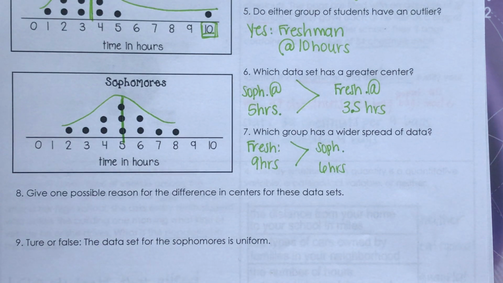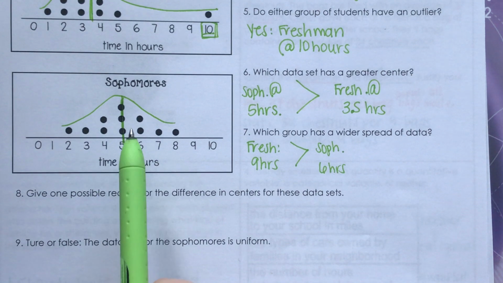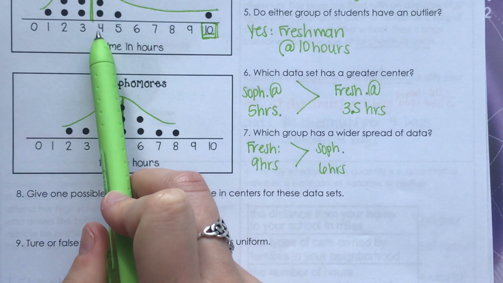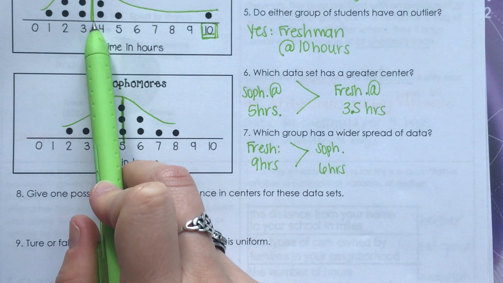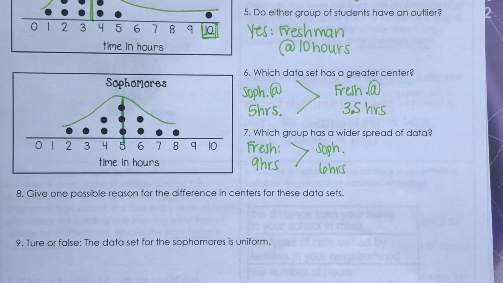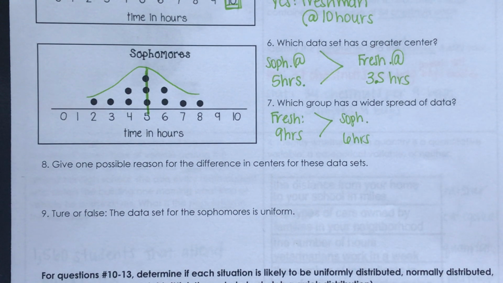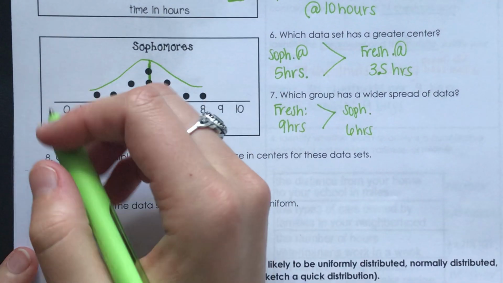Number 8. Give one possible reason for the difference in centers for these data sets. So it looks like my sophomores have a center that is larger than my center for freshmen. Well, the question is talking about freshmen and sophomores who were asked how many hours they spend on homework each week. Because sophomores are older, my guess is they're probably going to have harder classes, so they're spending more time studying.